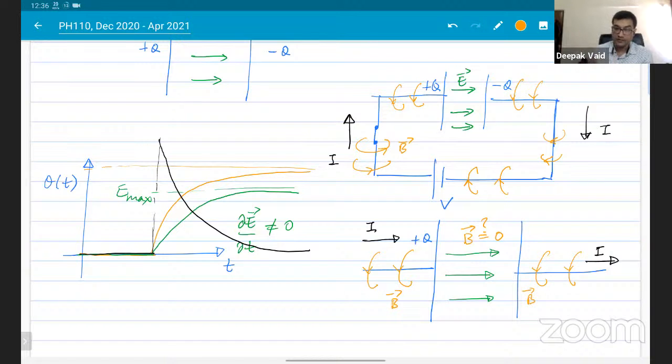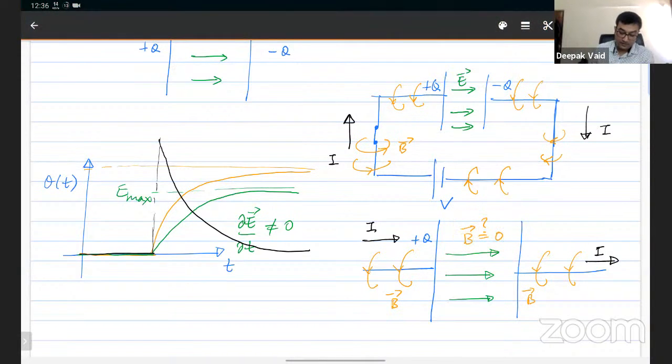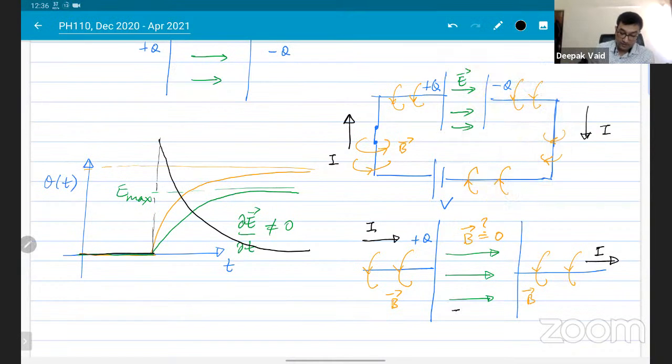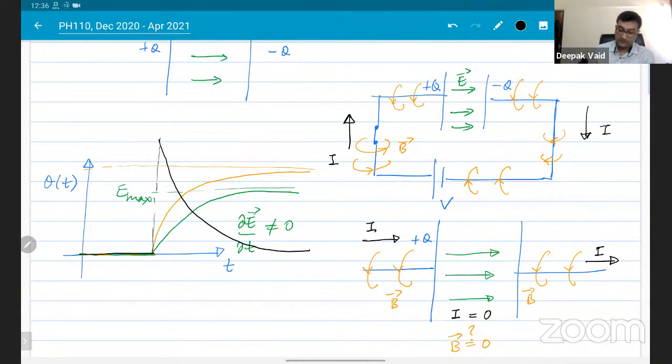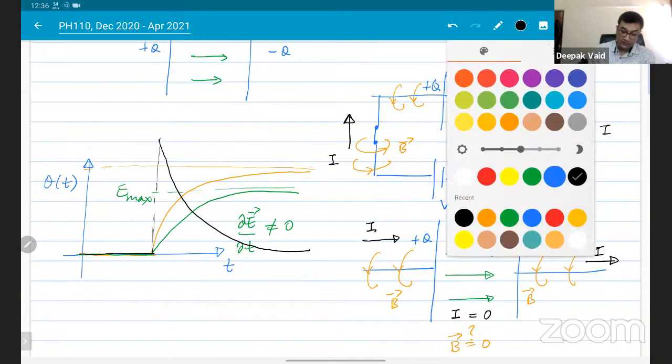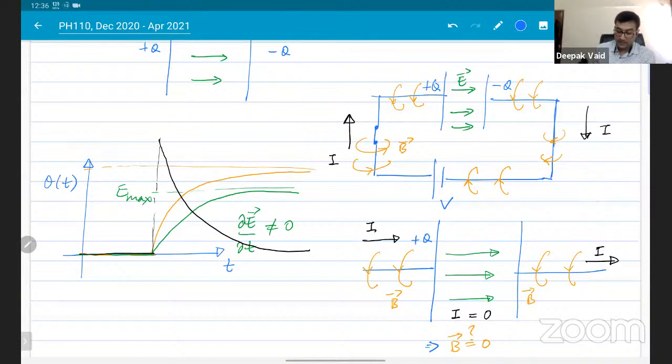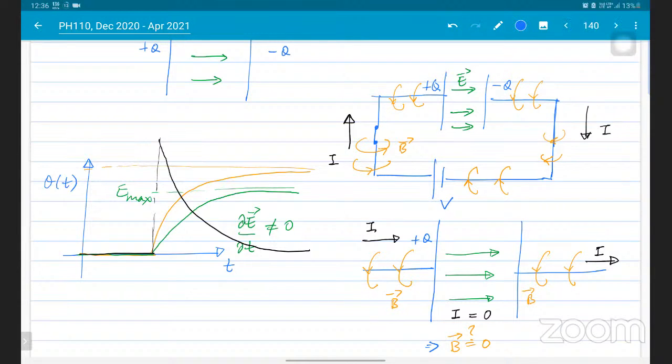There is no current, so you would say that I is equal to 0. So does this imply that the magnetic field is 0? Yes, sir. No, there is. Why is that?